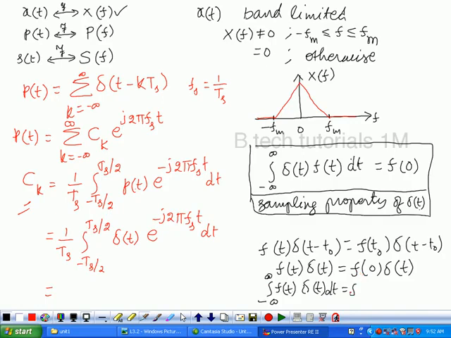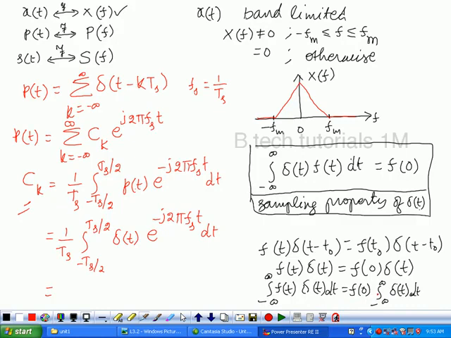Therefore, that f of 0 can be taken out, and integral minus infinity to plus infinity delta of t dt remains.